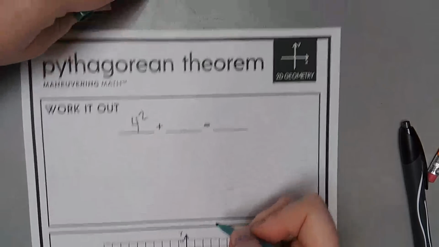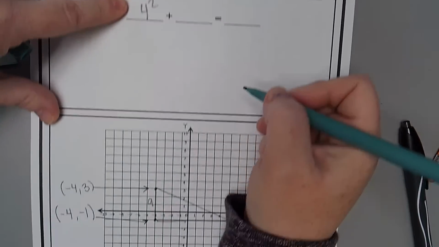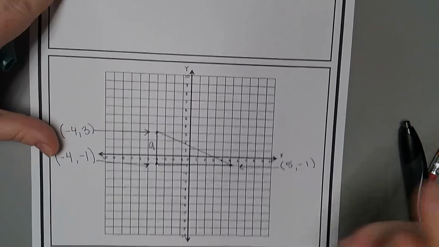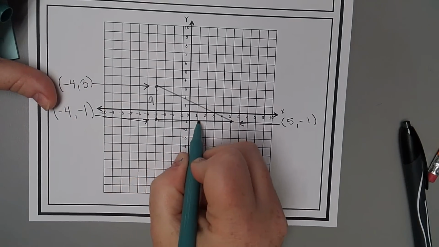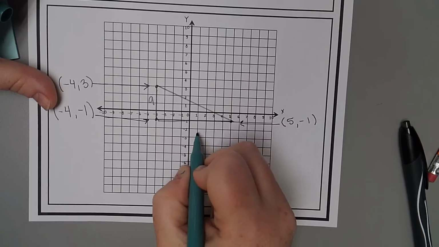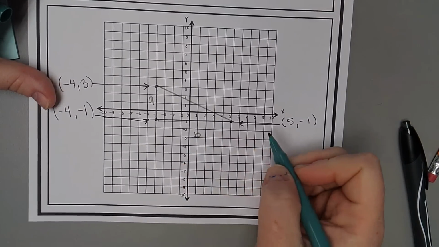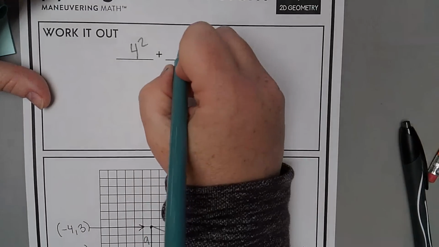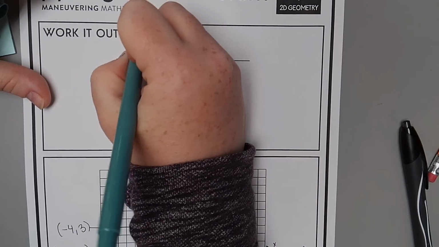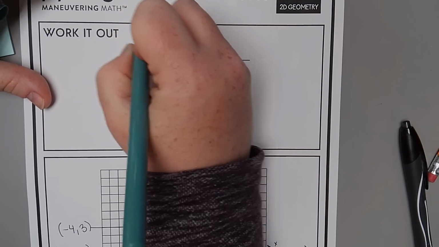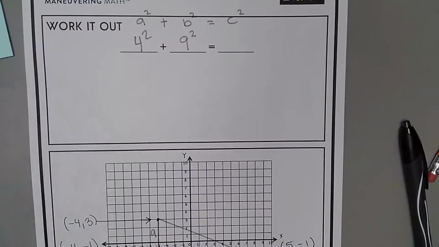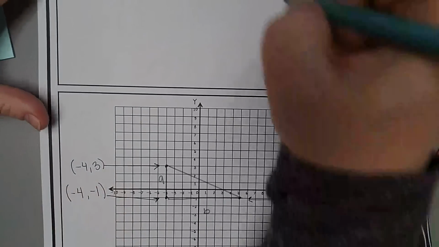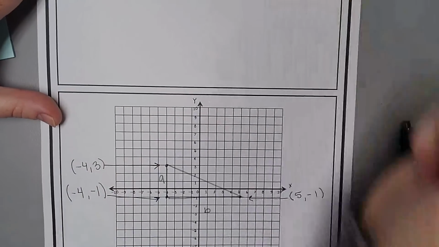So that means we have 4 squared. B, 1, 2, 3, 4, 5, 6, 7, 8, 9. So A, B should be equal to C squared. We don't know what C squared is yet, though, so I'm just going to bring it down.